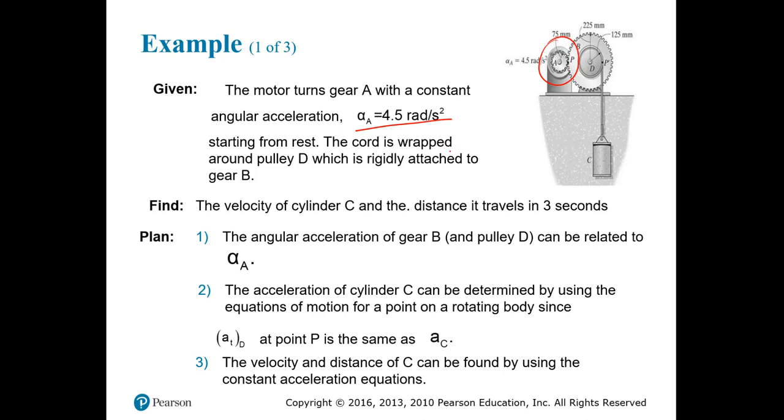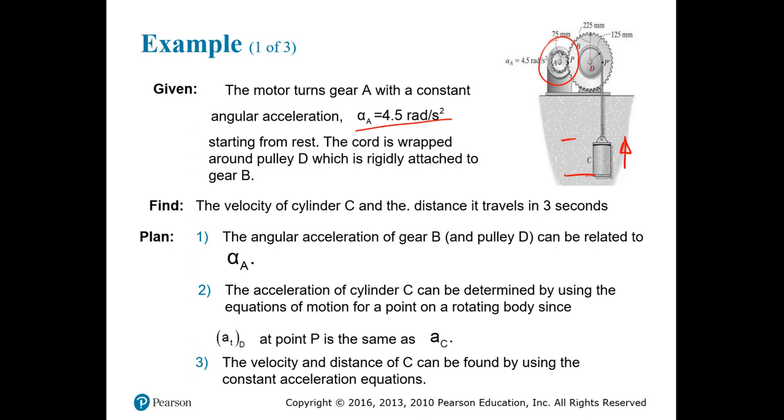The cord is wrapped around a pulley right here, D, which is rigidly attached to gear B. We need to find the velocity of C and the distance it travels in 3 seconds. So we need to find the velocity and how much it moved from here to this point.